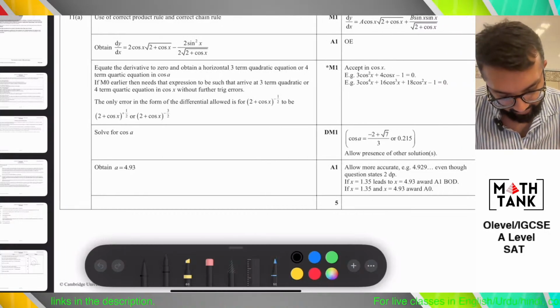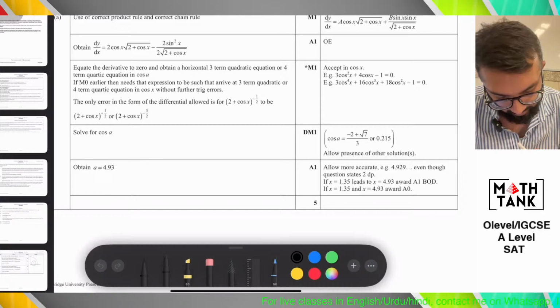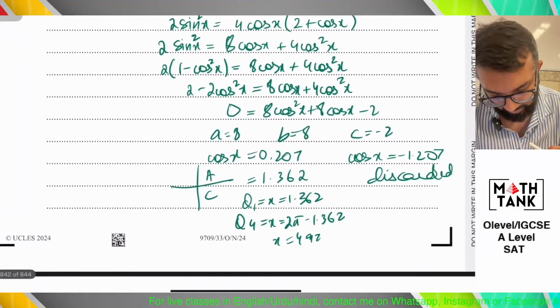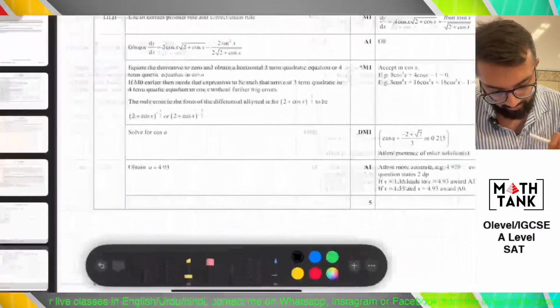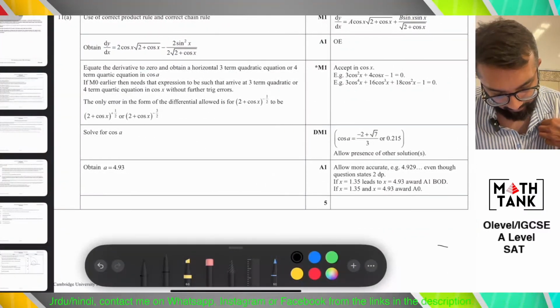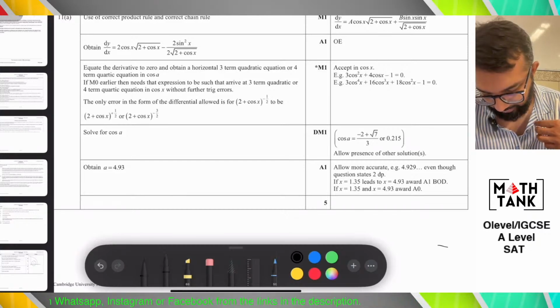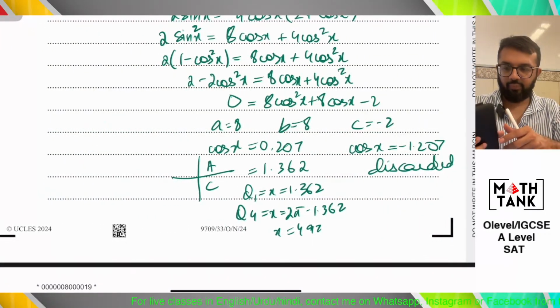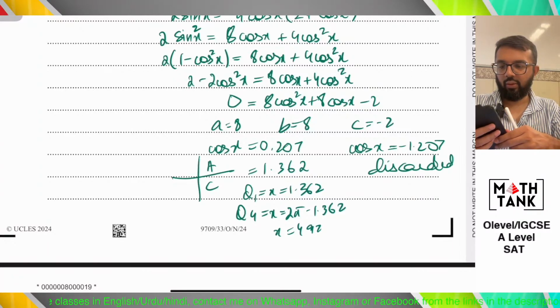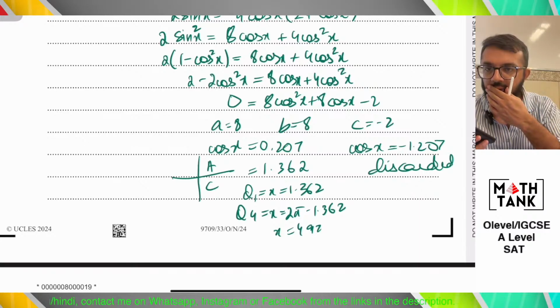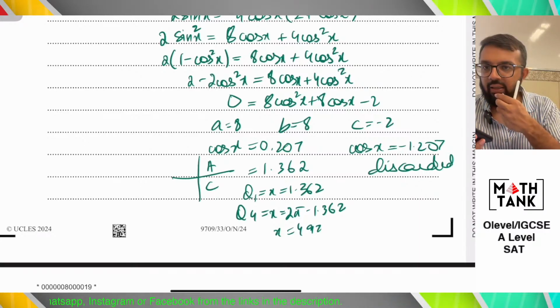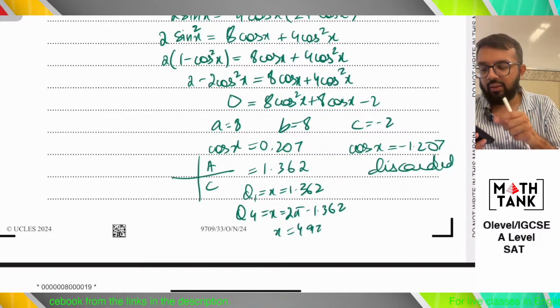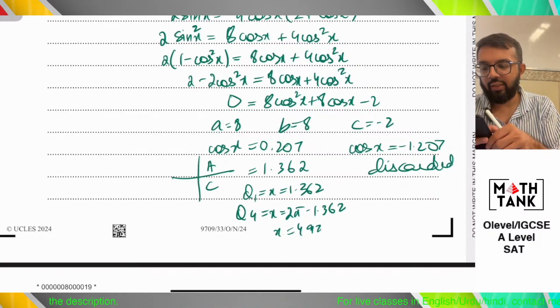Okay, there seems to be a mistake earlier on, I think. 8, 8 and minus 2. Yeah, that's what I'm checking. How much rounding off error is acceptable?